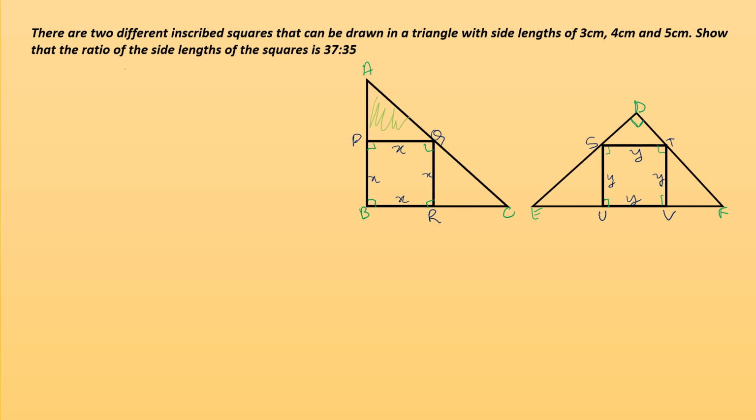And in triangle DEF, triangle EUS is similar to triangle DEF, because they have 90 degrees in common and one angle in common, which is angle E. Also triangle TVF is similar to triangle DEF. We will use these properties to work out Y in the second triangle.